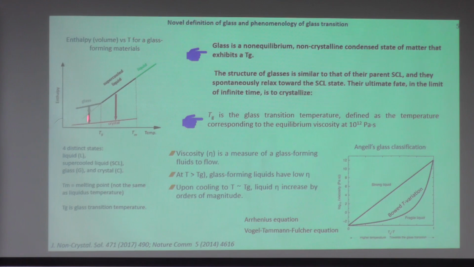The Tg, the glass temperature, is defined as the temperature corresponding to an equilibrium viscosity of 10 to the 12 Pascal seconds.